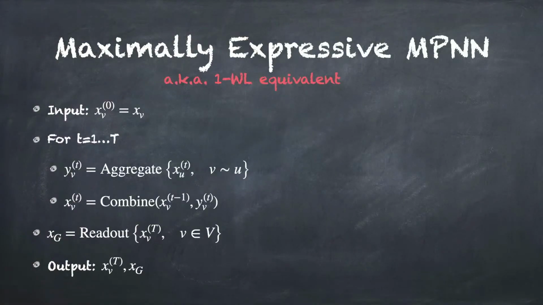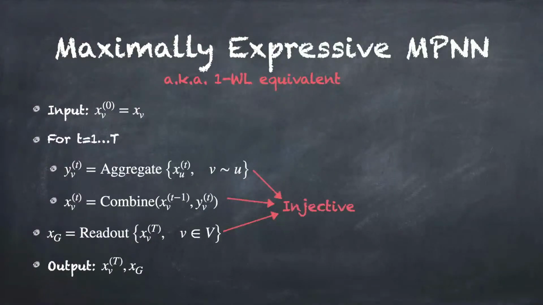We do this iteratively. We have the combine function, which just maps a pair of vectors to vectors. After we do this enough times, at the end we also have a readout step, where we aggregate over all nodes in the graph. Each one of these functions basically maps a multiset to vectors, so that's why we're interested in these things.